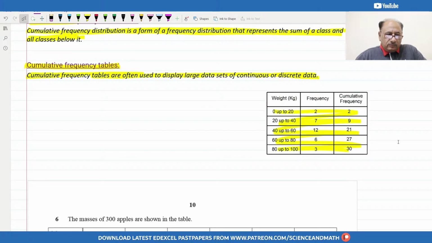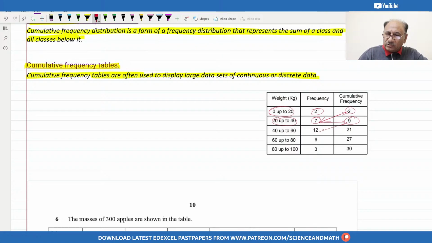So if this type of table is given, like frequency, you can see for this range 0 to 20 it is 2, and this is cumulative frequency, which is written as 2. From 20 to 40 it is 7. So for cumulative frequency, we will be adding these two and writing here, and this will be 9.